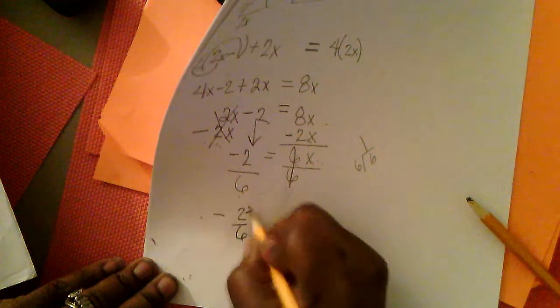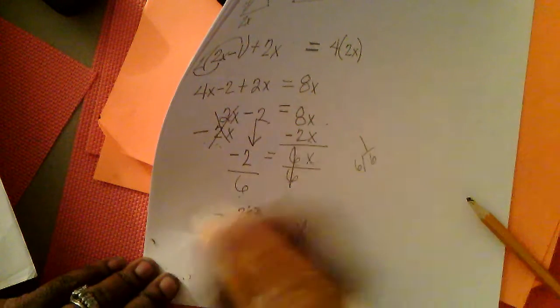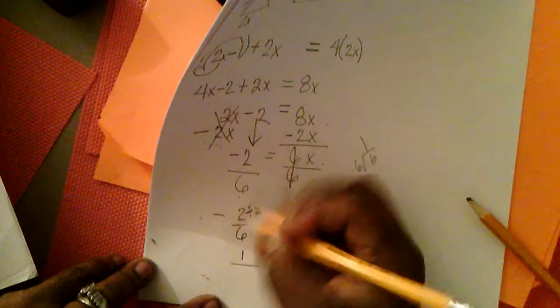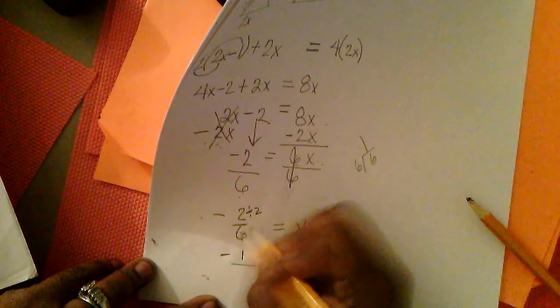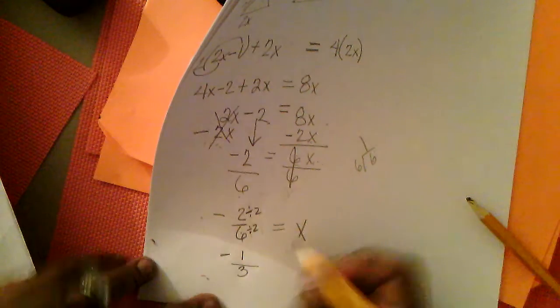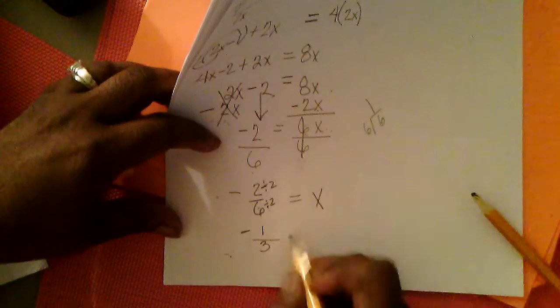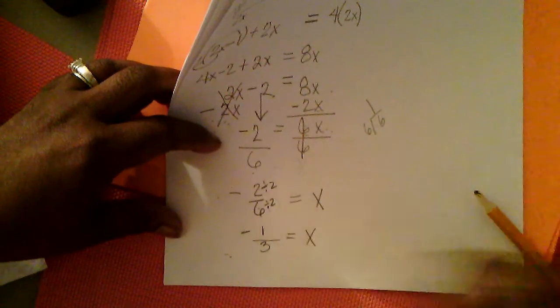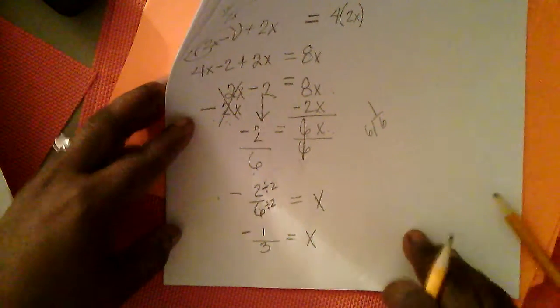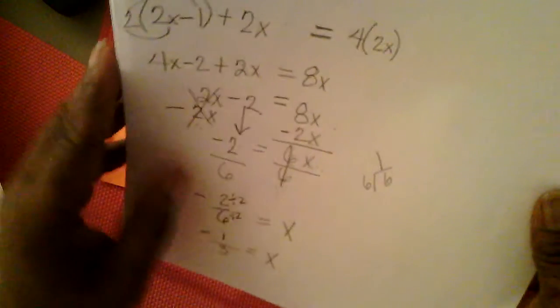So if we divide by 2, it gives us 1. And if we divide by 2, it gives us 3. So our solution is x equals negative 1/3. See, it wasn't as hard as we thought it would be.